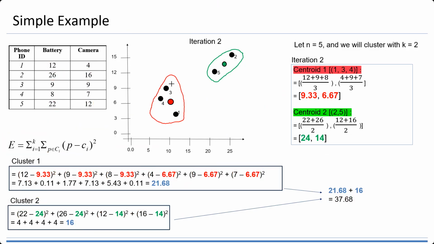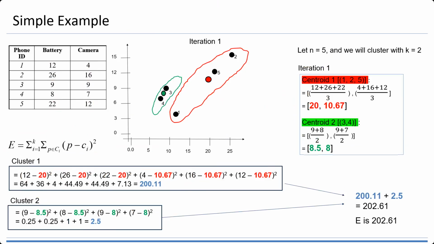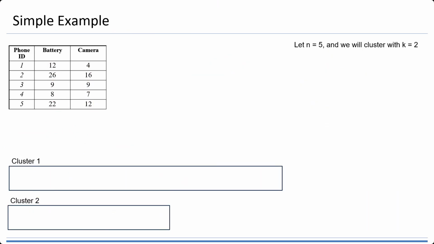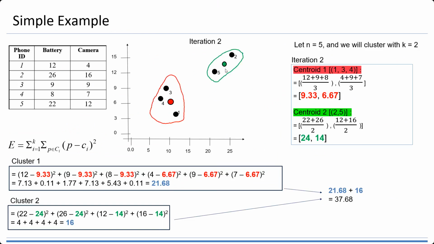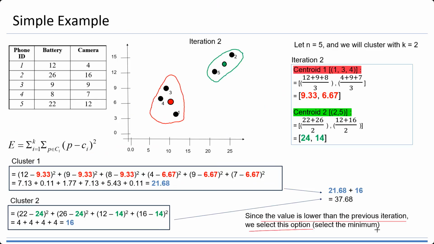If you look at this figure, the distance is shorter compared to the previous figure, because the error is smaller from iteration 2. So since the value is smaller than the previous iteration, we select this option, or we call it select the minimum.